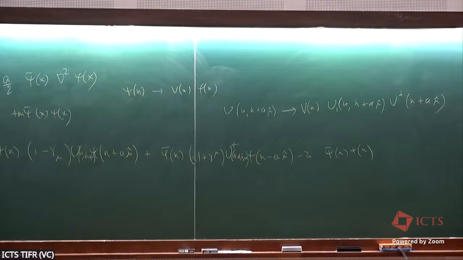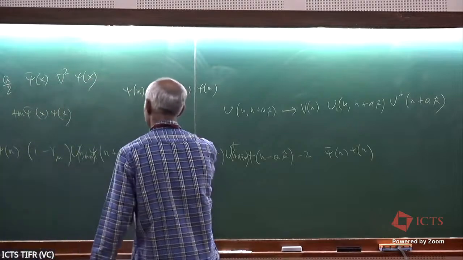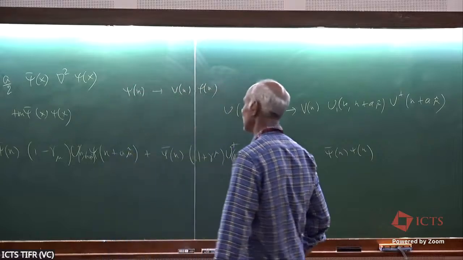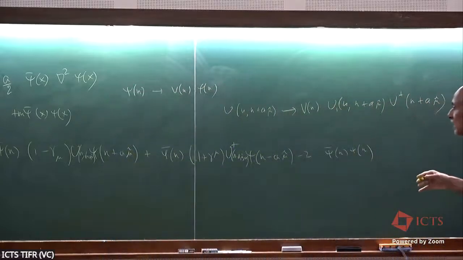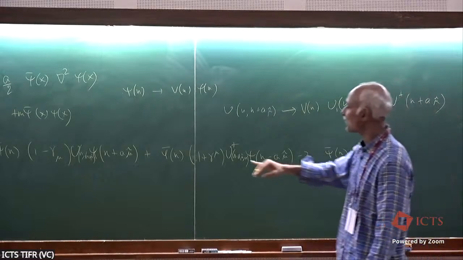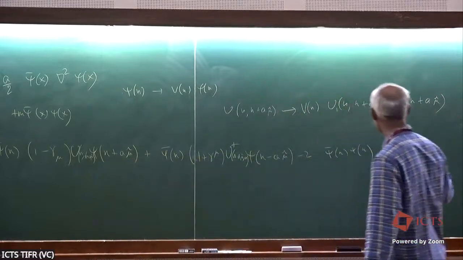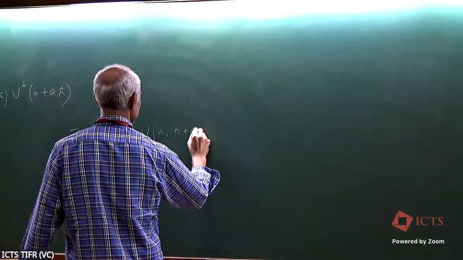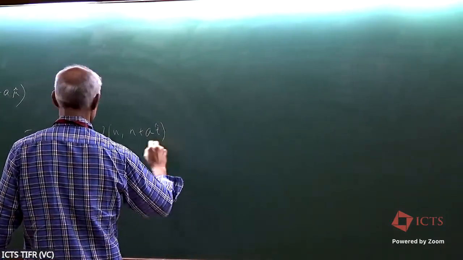So let us look at what is the form of this term, the zeroth component, the time component of this term, that is psi bar n, 1 minus gamma 0, U in n plus a in the time direction.